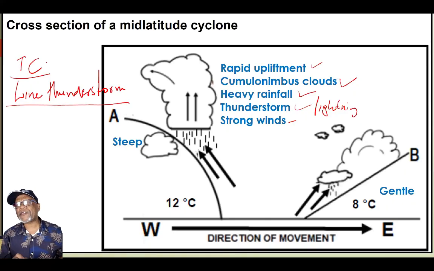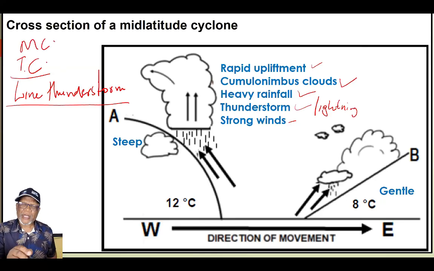So what you should know now, because it's three of them that have cumulonimbus clouds, when you're talking about the impact on the natural environment, the impact will be the same. That is what I also emphasized in our previous lesson. I said we have three weather phenomena that have cumulonimbus clouds: number one is a mid-latitude cyclone, which we have here, the tropical cyclone and line thunderstorm.